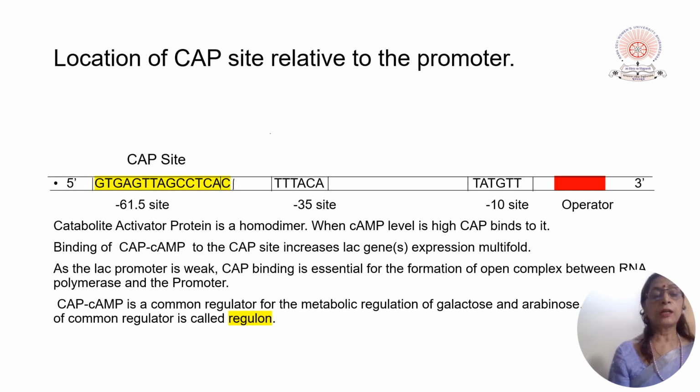CAP, or the catabolite activator protein, is a homodimer. It is made up of 2 similar subunits. It has affinity for cyclic AMP when cAMP level is high inside the cell. And once CAP binds to cyclic AMP, the complex goes to the CAP site and binds here. This is the CAP site.